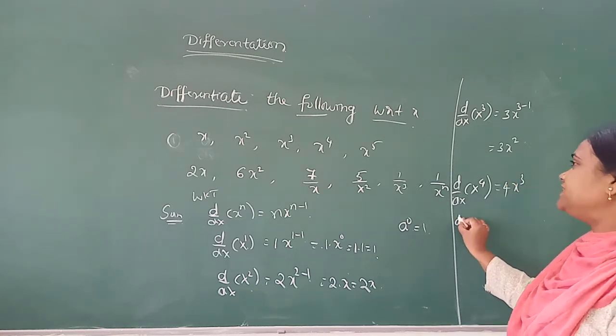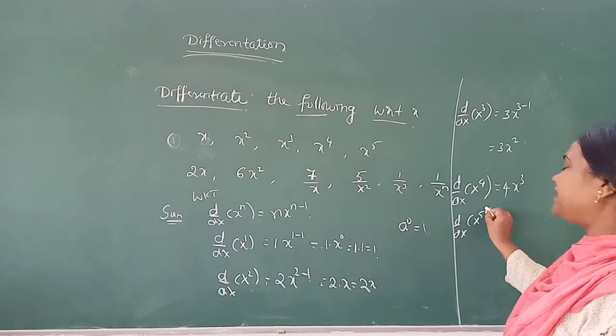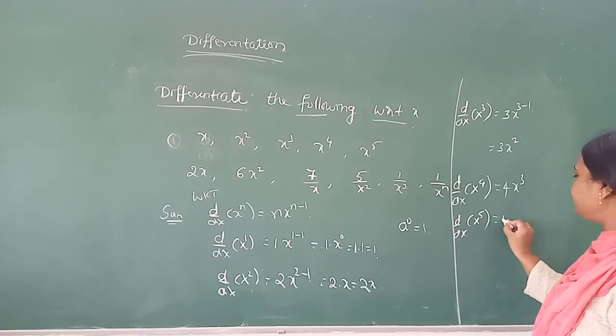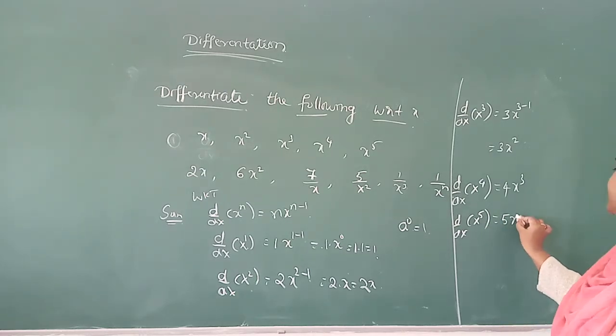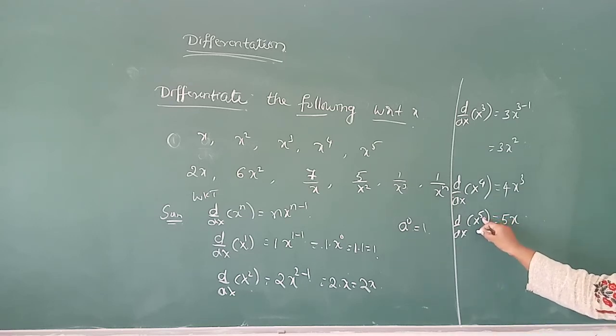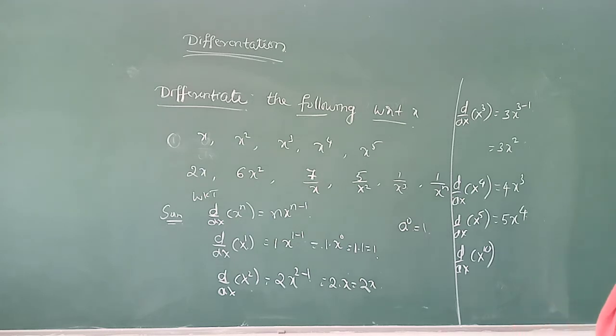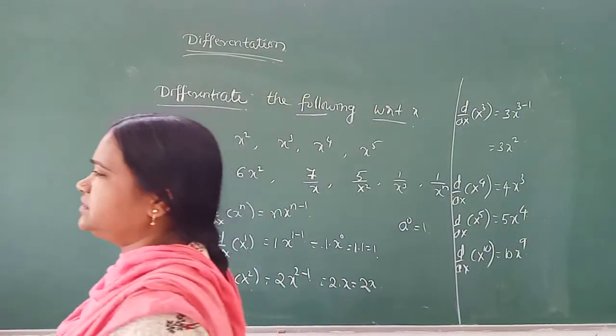Next, d by dx of x to the power 5. The power is multiplied, means 5, and x with the power reduced by 1, 5 becomes 4. For example, d by dx of x to the power 10: that 10 should be multiplied and the power reduced by 1, means 10x to the power 9. In this way, we can do n number of examples. Please remember this one. Just write down the answer.